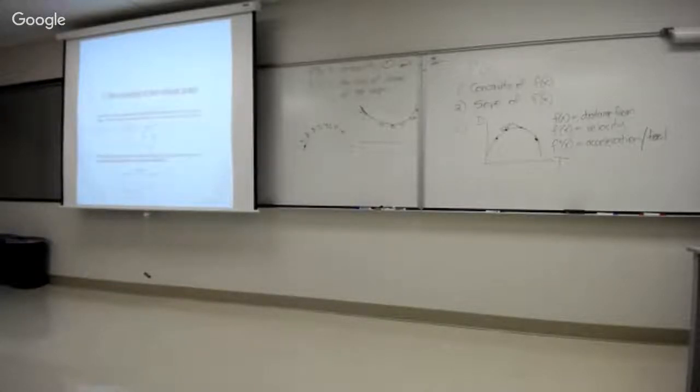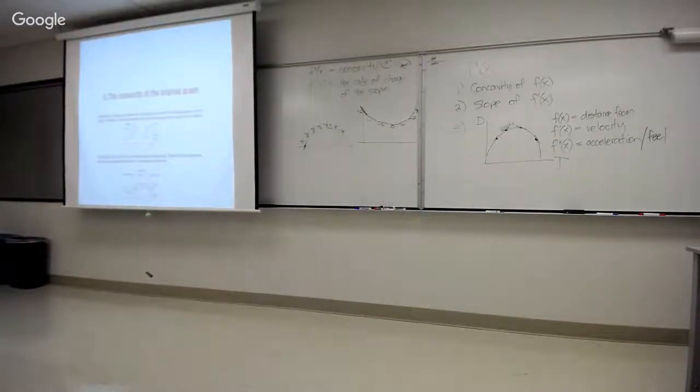All right. So these are notes from your textbook. If you had already read chapter 2.6 before you came in, you would have seen these pictures. They have some nice pictures here of what concave up looks like and what concave down looks like. And then they have this really nice graph down here at the bottom showing you how a function can change from concave up to concave down, to concave up to concave down.